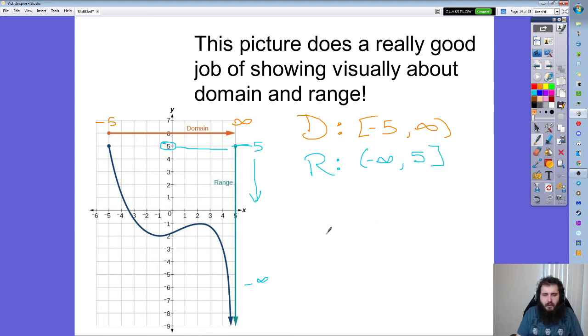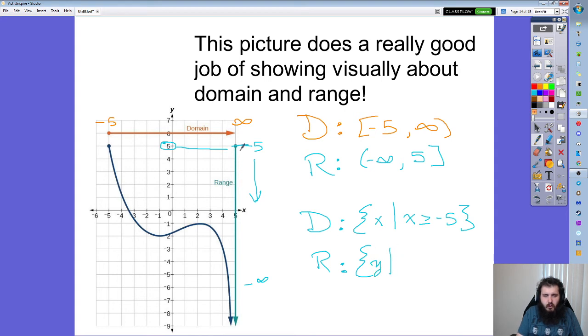And then, you know, again, if you would rather use your set builder notation, x such that, well, it goes from -5 on up, so x is greater than or equal to -5. Your range, that's your y values.